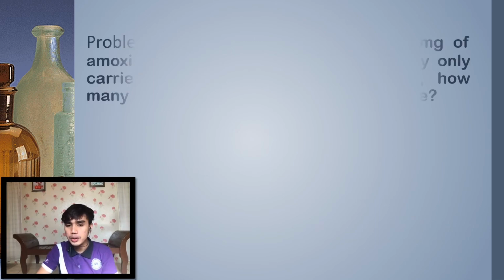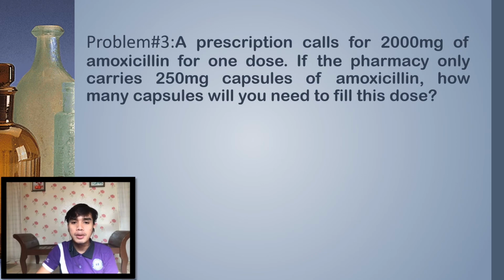Problem number 3 states that a prescription calls for 2,000 milligram of amoxicillin just for one dose. If the pharmacy only carries 250 milligram capsule of amoxicillin, the question here is, how many capsule will you need to fill this dose?